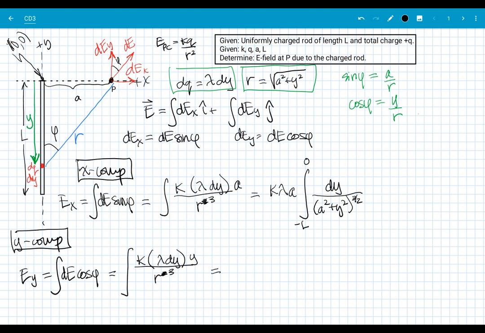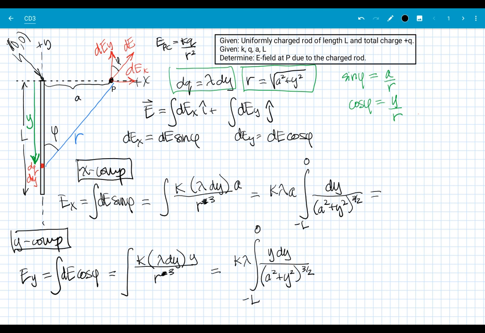I'll pull out the constant stuff, so k and lambda come out front. Now I'm left with a y dy in the numerator. y is a variable, so that's got to stay in there. And then r cubed in the denominator, so that'll be a squared plus y squared to the 3/2 power. And again, in both cases, I'm integrating with respect to y, negative L to 0.